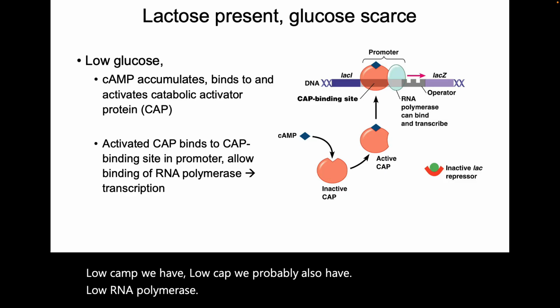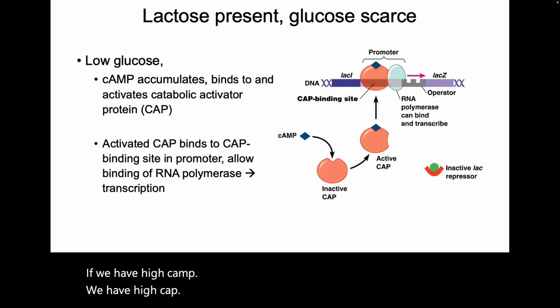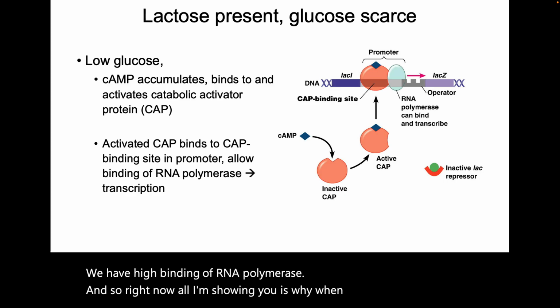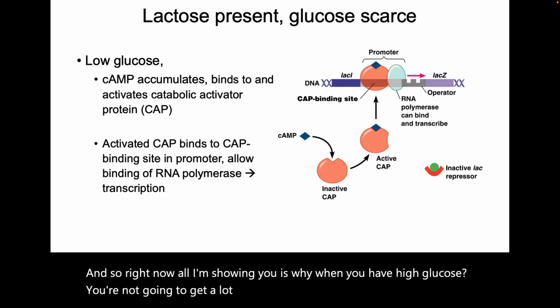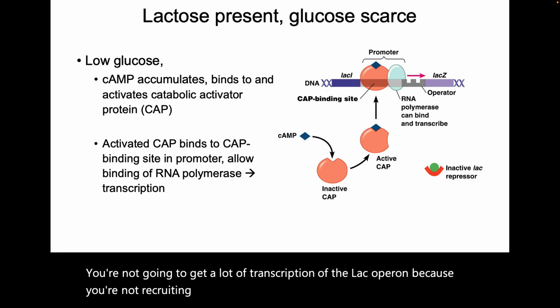If we have high CAP, we have high binding of RNA polymerase. And so right now, all I'm showing you is why when you have high glucose, you're not going to get a lot of transcription of the Lac Operon because you're not recruiting very much RNA polymerase.